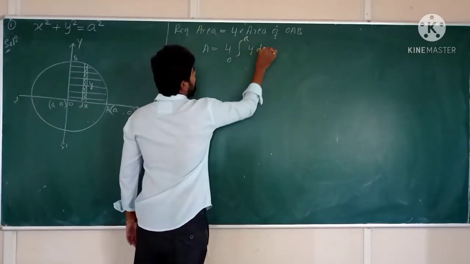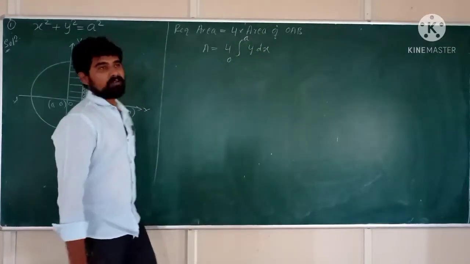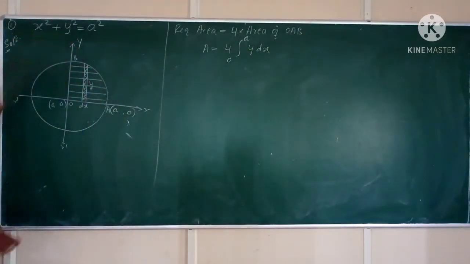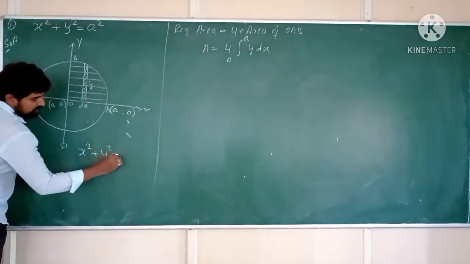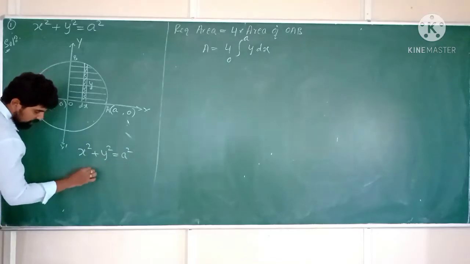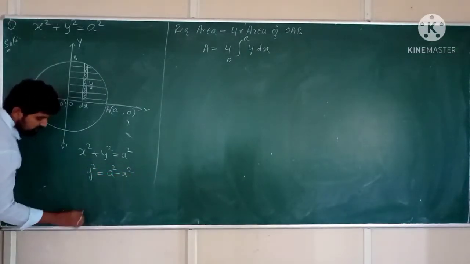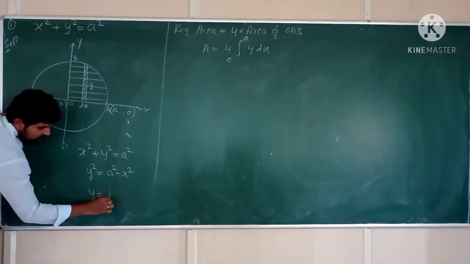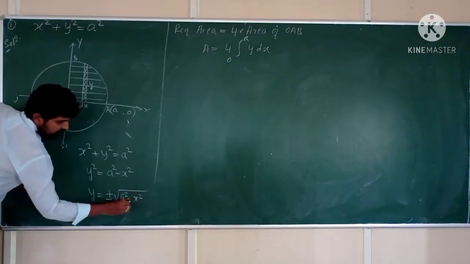Now, this value of y is obtained from the given equation of circle. That is x square plus y square is equals to a square. It means y square is equals to a square minus x square. So y should be equal to plus minus square root of a square minus x square.